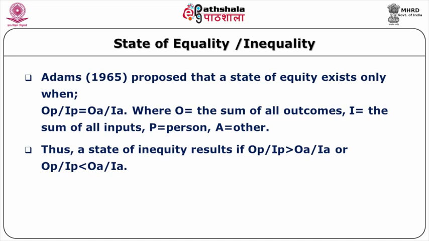And a state of inequity results if the ratio of output to input of the person, himself or herself, is less than or more than the output to input of the other person or persons. Thus, inequity results not only when a person is under-benefited but also when he or she is over-benefited.